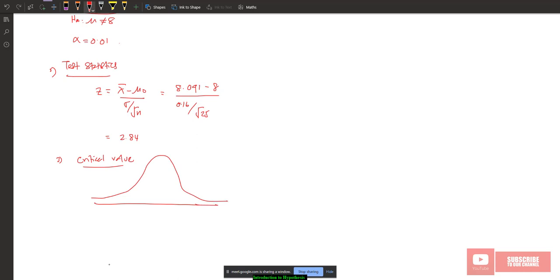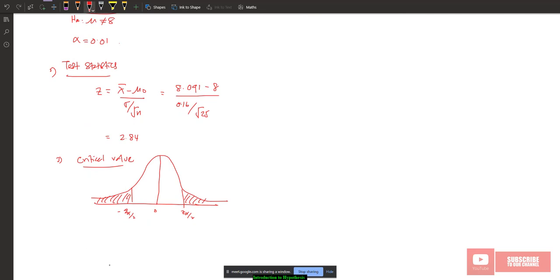This is the mean, equal to 0. This is negative z alpha divided by 2, and this is z alpha divided by 2. Our alpha is equal to 0.01.